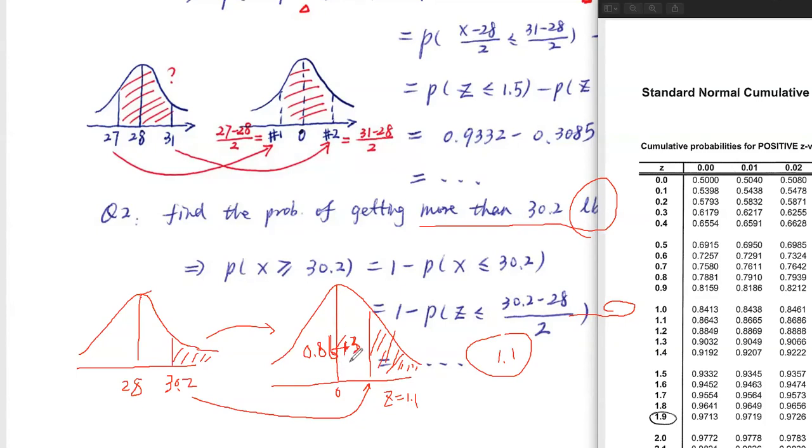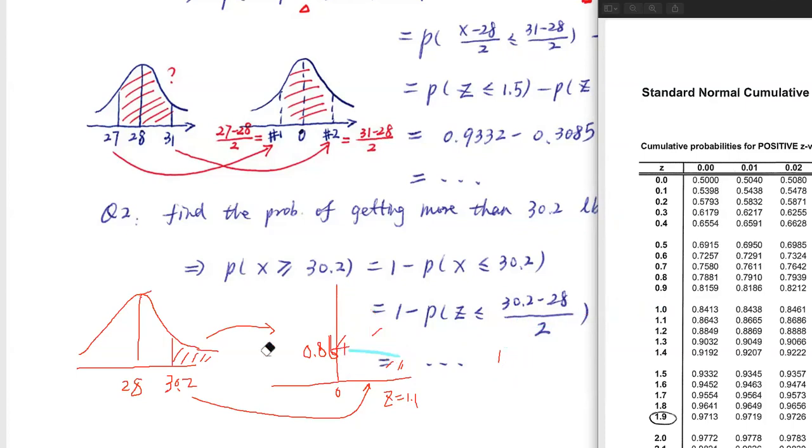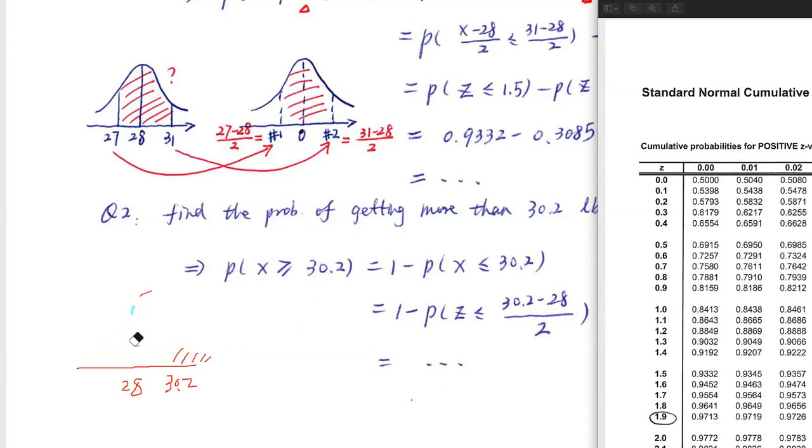Now we ask for the probability to the right, this area here. It will be 1 minus that, which is less than 14%, 13 point something percent. You can do the calculation. Everybody, follow me? Is that clear? Got it, go ahead.